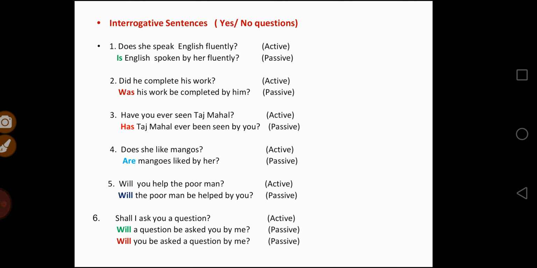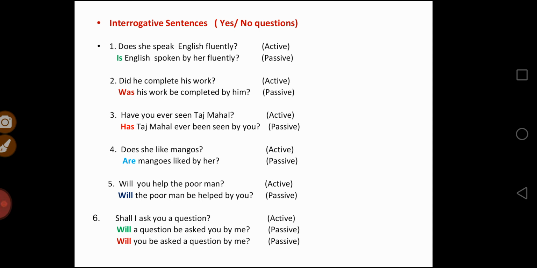Did he complete his work? In passive, the sentence is like this: Was his work completed by him? Here the question is in past tense, so we have used was or were.